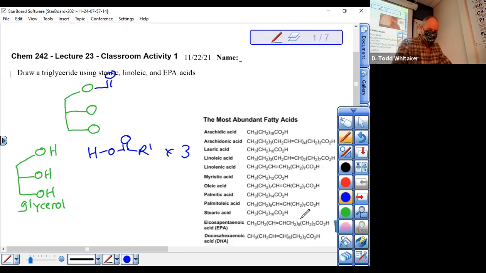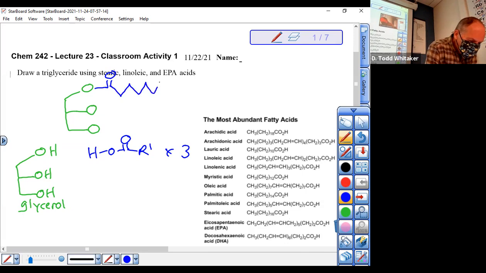And I do not want you writing CH2s on your test. I want it in stick figures. So how many CH2s after the carbonyl? It says 16 of them. So 1, 2, 4, 6, 8, 10, 12, 14, 16, and then there's a methyl after all the CH2s. There you go.